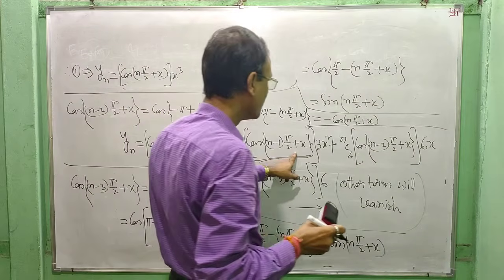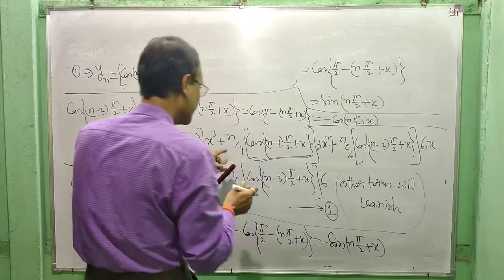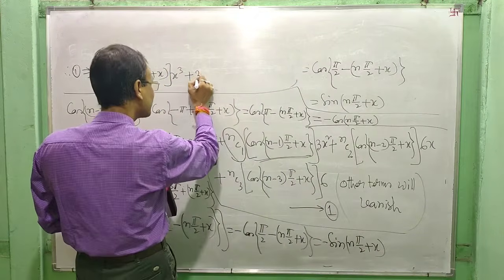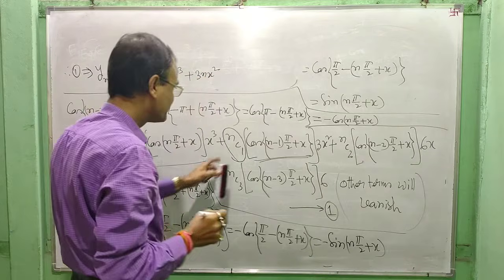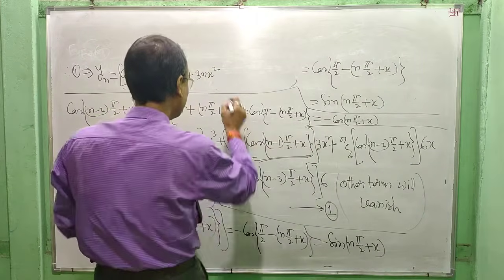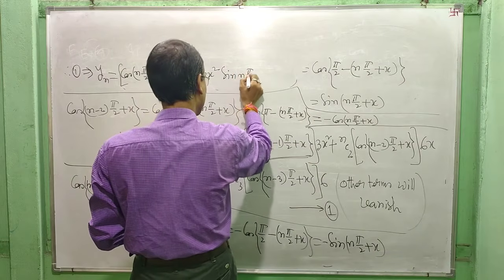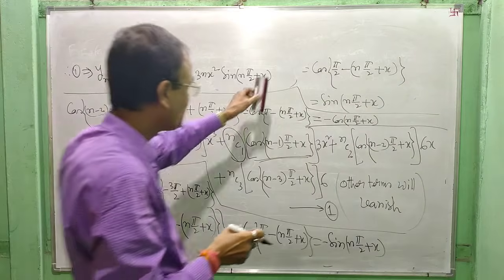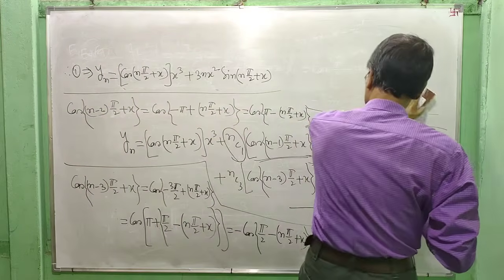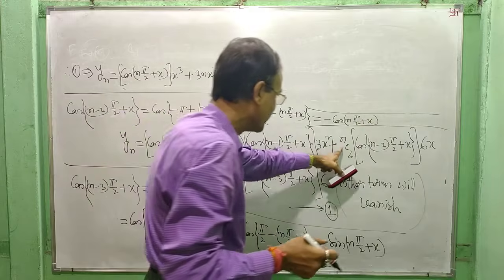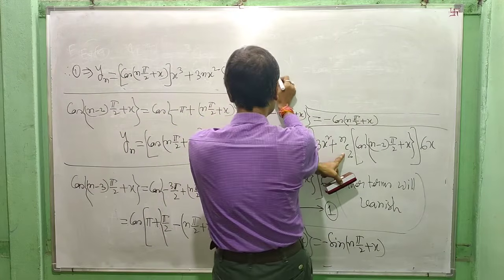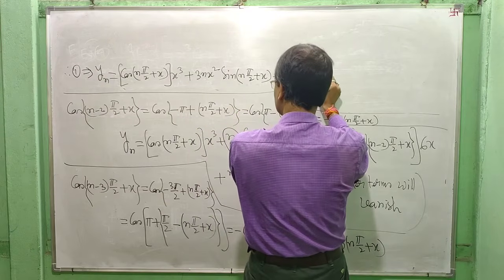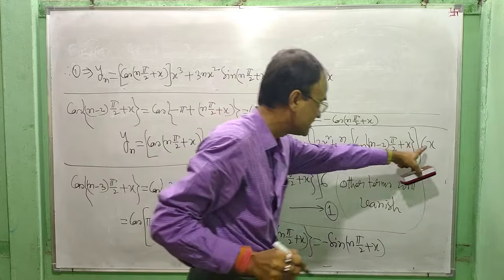For this, we have nC1, which means n, thrice x square, sine of n times pi by 2 plus x. Next, what will be this term? Plus n into n minus 1 divided by 2 into 6x.